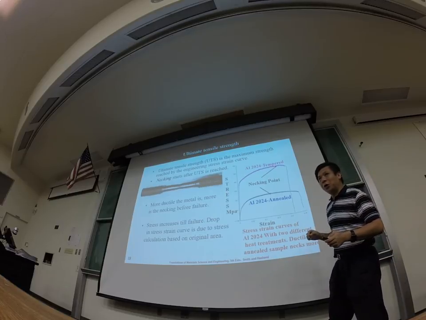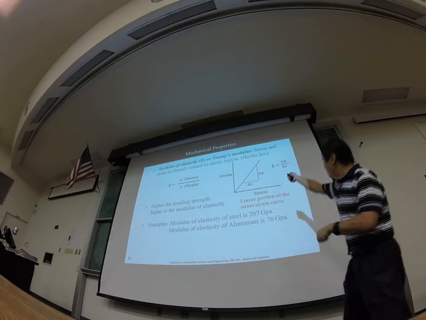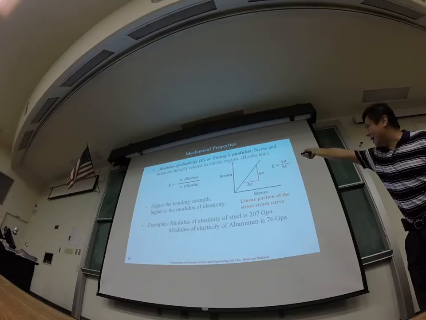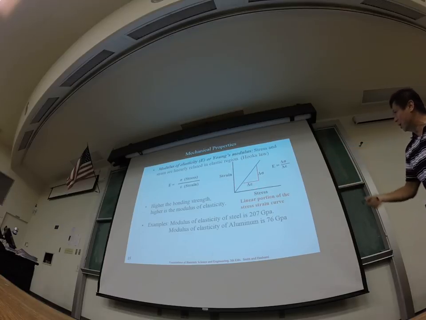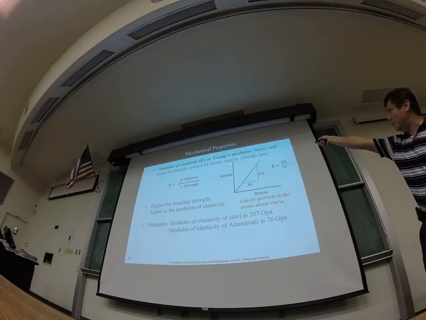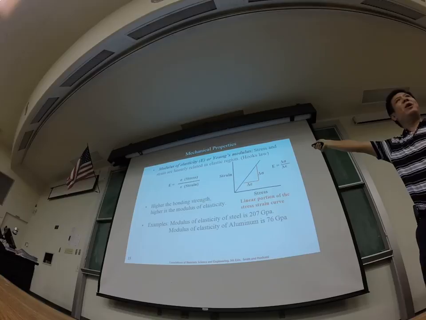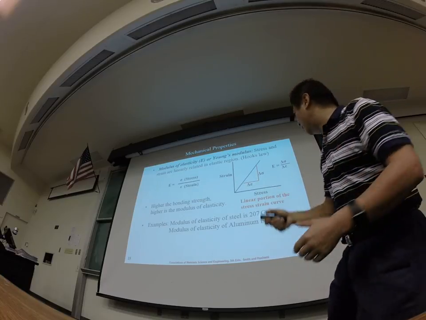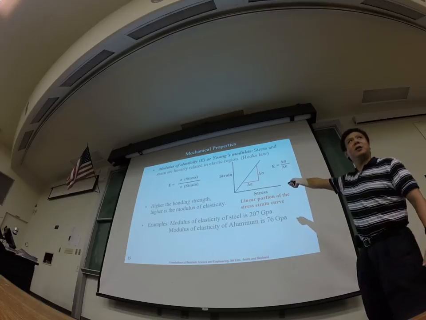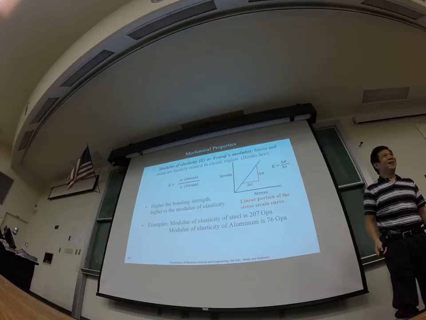Oh no, something is wrong here. This one should be stress, this one should be strain. If you know the maximum stress, and also if you know the Young's modulus, how can we calculate the corresponding strain? Do you know how to do that?